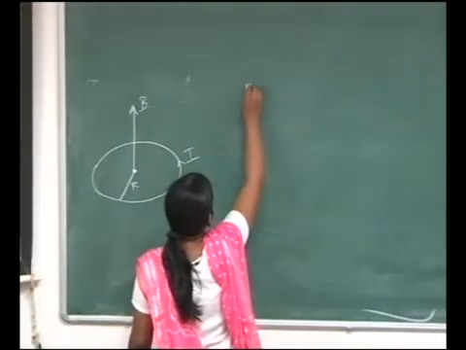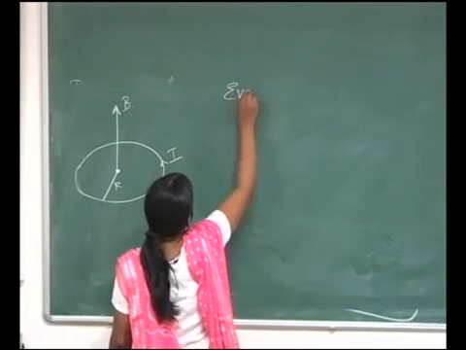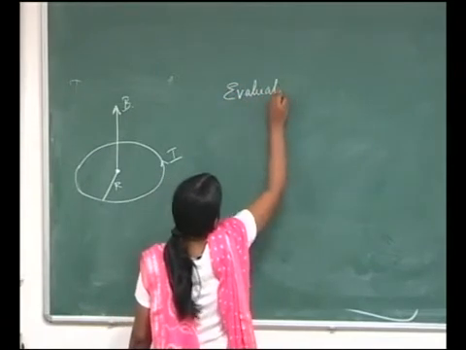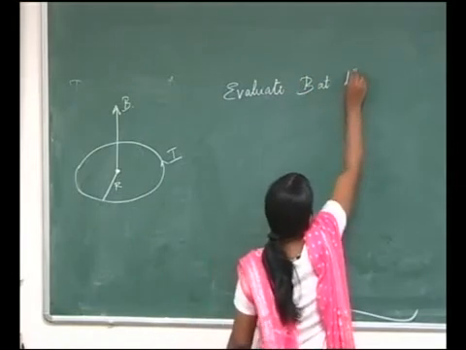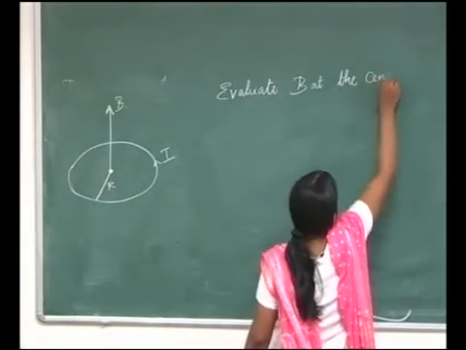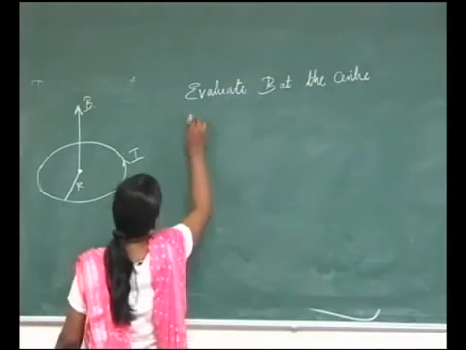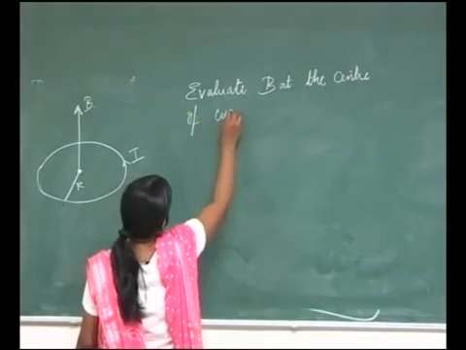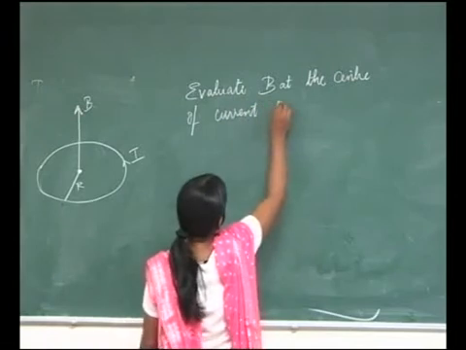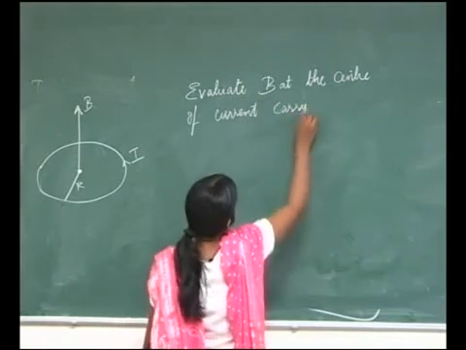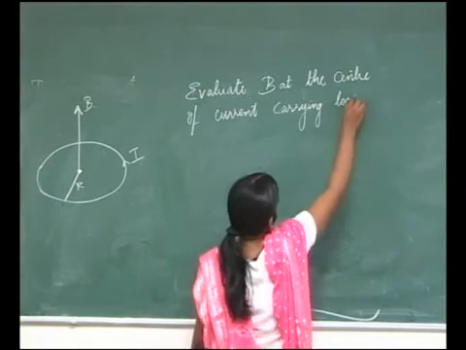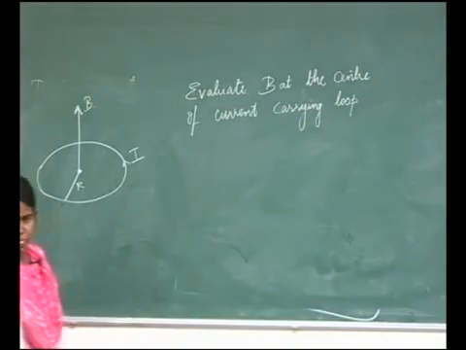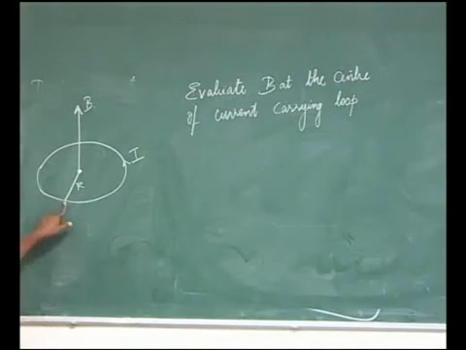Evaluate B at the center of a current carrying loop. I suppose that the radius is r.